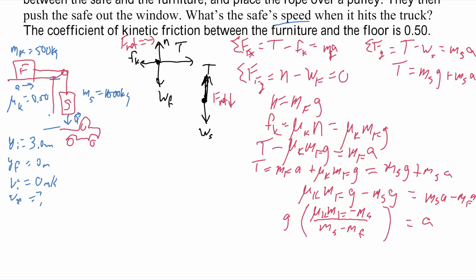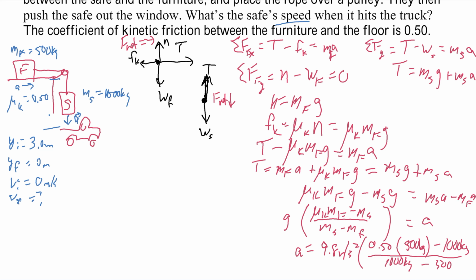So now I can plug in all those numbers because I know every single one of those things. I'm going to need a calculator probably. Maybe not. I have 9.8 meters per second squared times mu sub K, which was 0.50, times the mass of the furniture, which was 500 kilograms, minus the mass of the safe, which was 1,000, divided by the mass of the safe, 1,000 kilograms, minus the mass of the furniture, 500 kilograms.